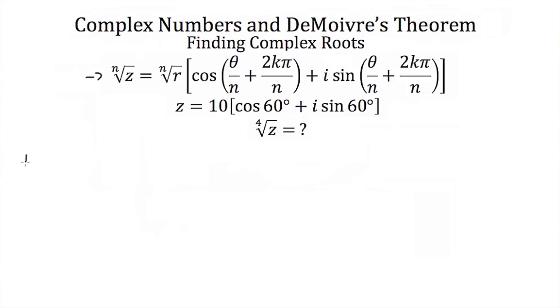So, the 4th root of z is equal to the 4th root of r, which is 10, times the cosine of theta, which is 60, divided by n, which is 4, plus, now I'm not going to use 2 pi, I'm going to use 360 because we're measuring our angle in degrees.